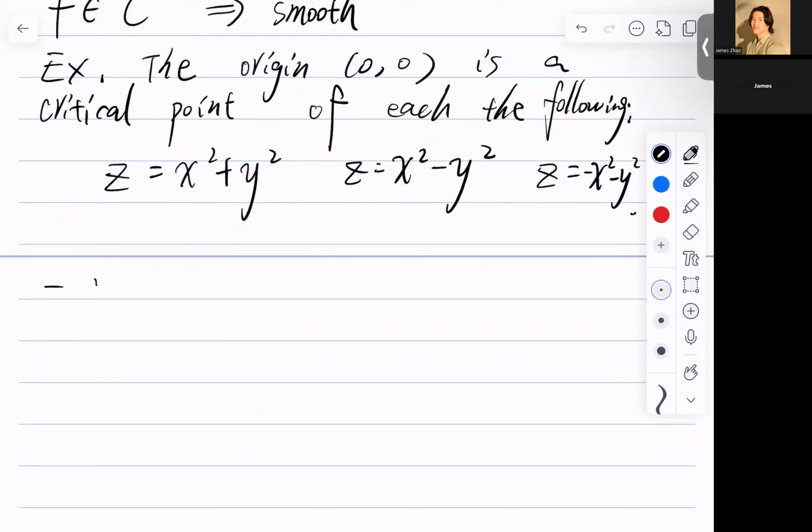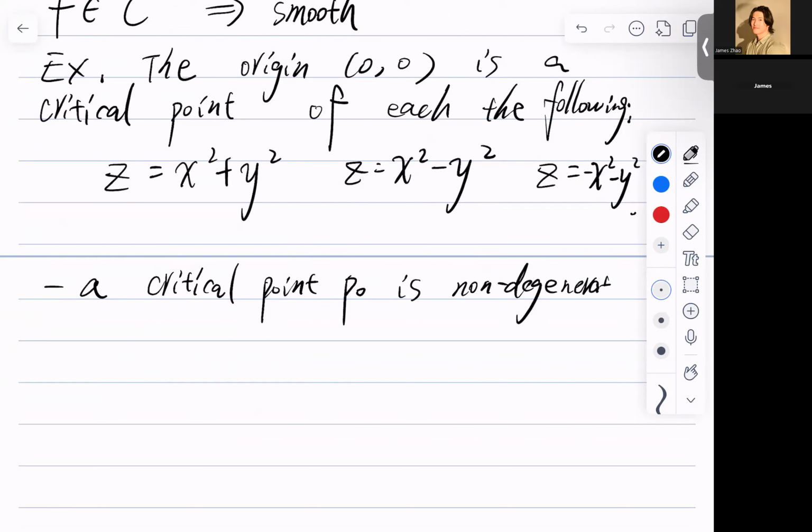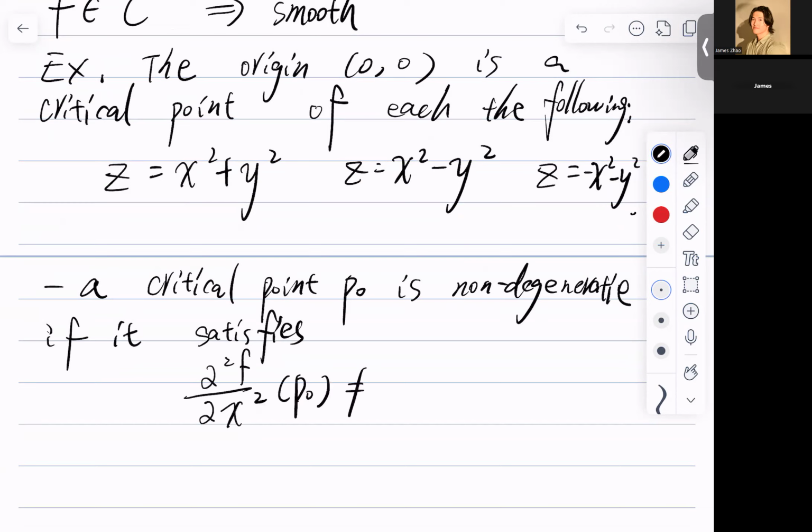And a critical point, P naught, is non-degenerate if it satisfies the double partial of f with respect to x is not 0, and its double partial with respect to y is not 0.